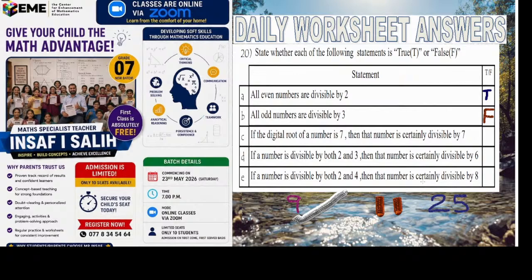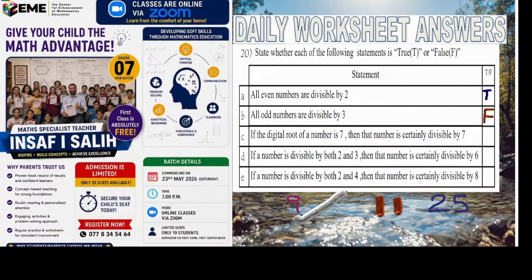What's the 7 times table? 7 times 1 is 7, 7 times 2 is 14, 7 times 3 is 21, 7 times 4 is 28. So does 25 come in the 7 times table?